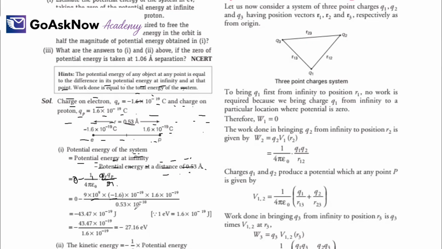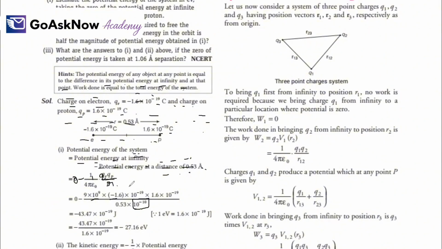That is why we have multiplied with 10 power minus 10 in the denominator. And 1 electron volt is equal to 1.6 into 10 power minus 19 joule. This relation you must remember. That is also used here.